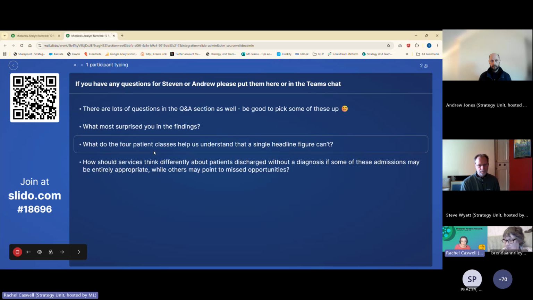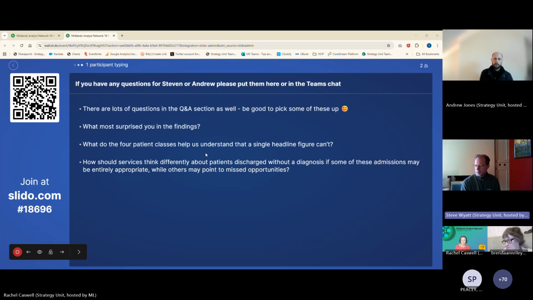So the other question here, looking at those 4 different patient classes or classifications, I think you've probably covered this as well. It's kind of what does that reveal that is hidden by just looking at them as one big group? It's not so much that it's hidden. It's just that the improvement strategies for those 4 groups look very different. What we as a health service should do to respond to this issue feels very different when we're looking at the psychosocial distress group than if we're looking at the complex presentation group.